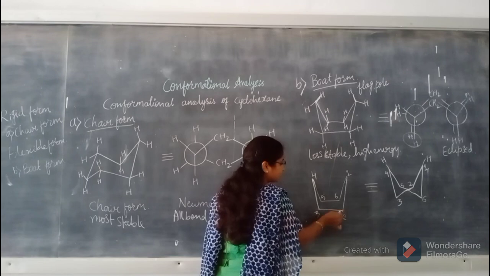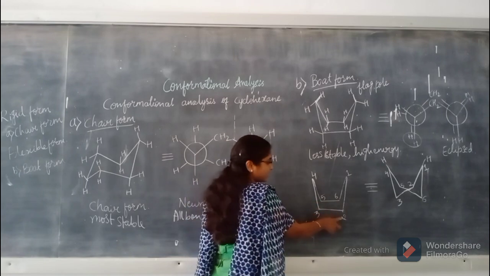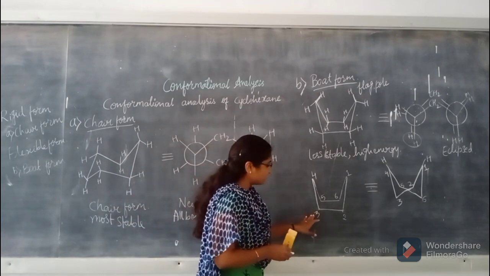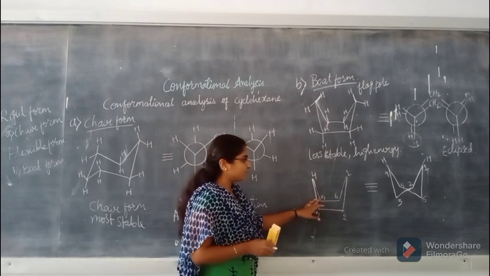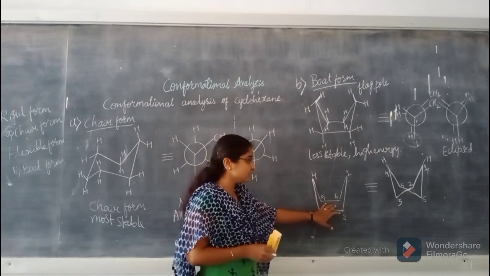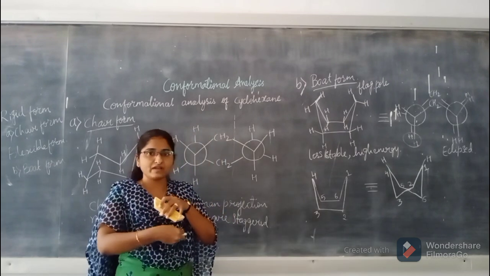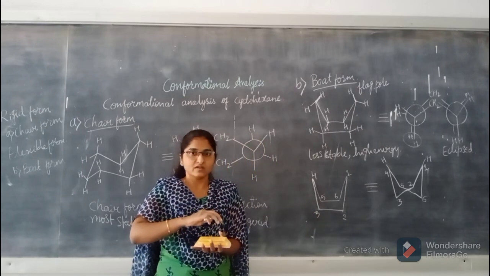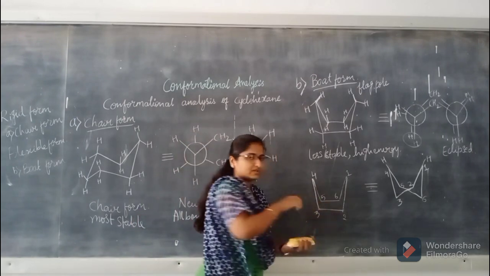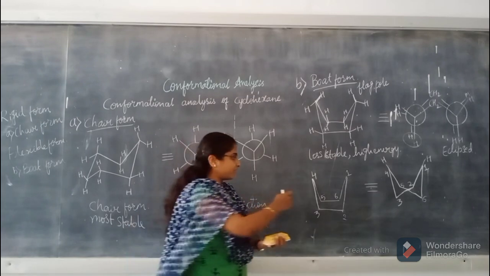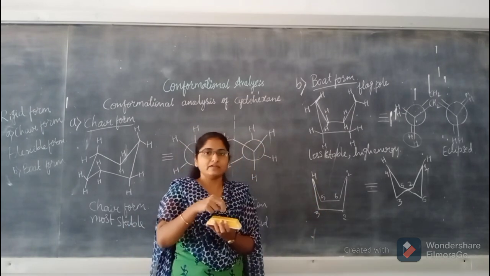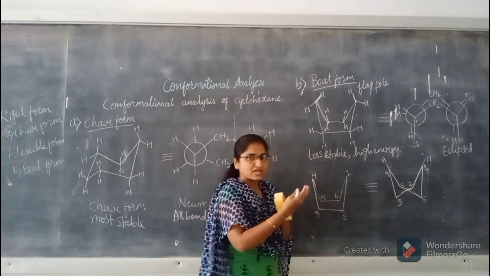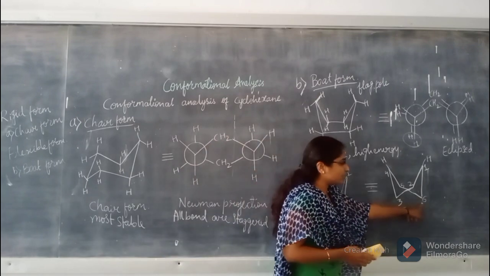Considering these four hydrogen atoms bonded to the third, second, fifth and sixth carbon atoms, you hold the third and second carbon atoms in one hand and the fifth and sixth carbon atoms in the other hand, and twist the molecule in such a way that the fifth and second carbon atoms go upward and the third and sixth carbon atoms come downward.